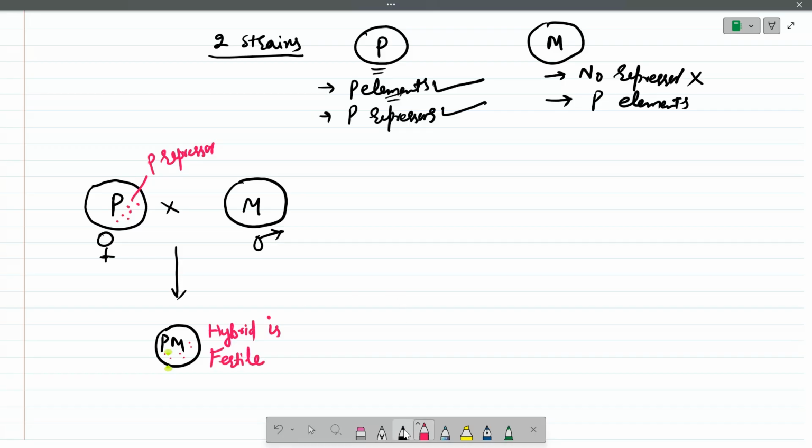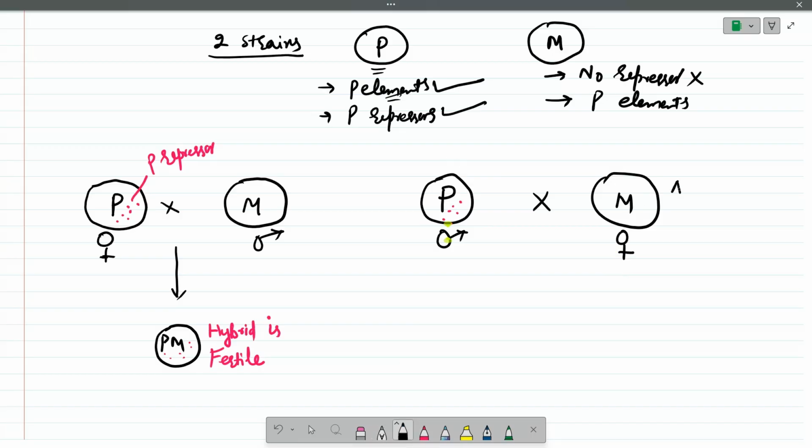And when you switch the two sexes, that means you go for a reciprocal cross, you take a P cytotype as male and an M cytotype as female. In this cross, the P repressors and the P element are present in the male.